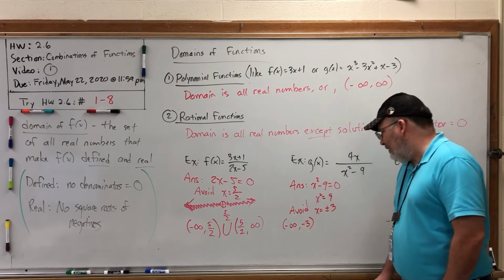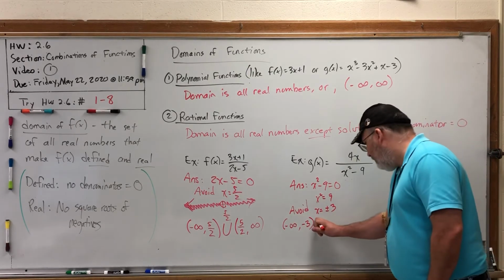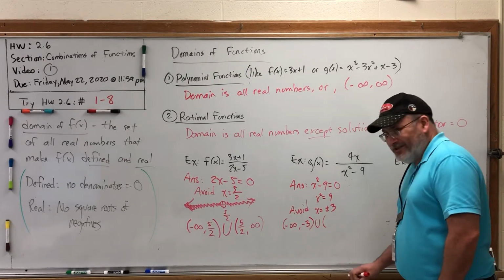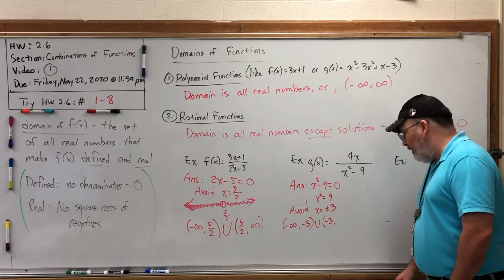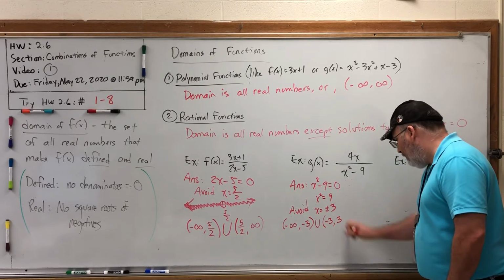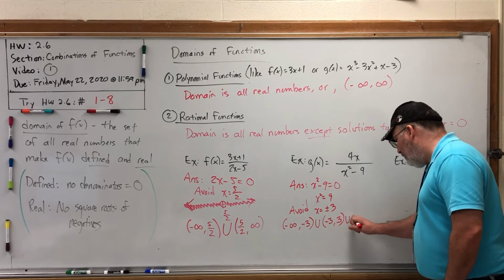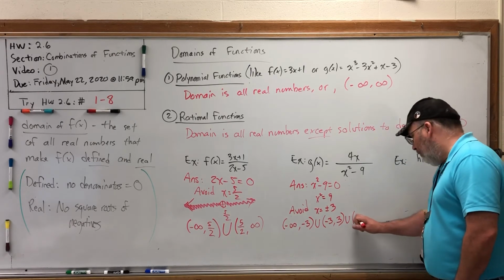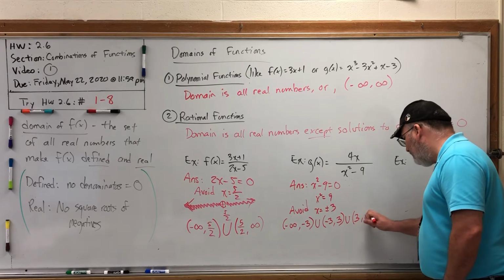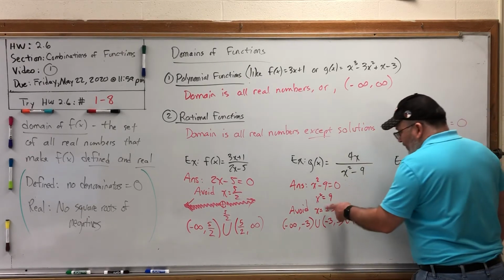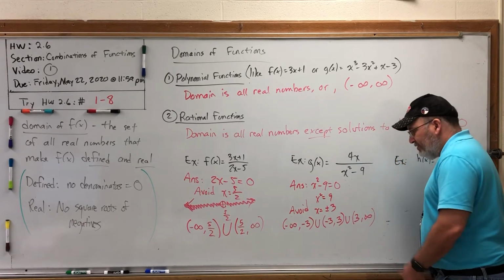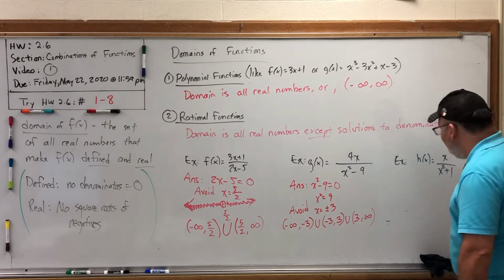So when we get to the negative 3, we would have to close that off, union, open up the next interval, which would start at negative 3, until we get to the next number to avoid, which would be positive 3. Close off that interval, union, and then open up the final interval, which resumes after 3, and then continues forever. So just think about the number line and removing the values that make the denominator equal to 0, and you can get the domain pretty easily.